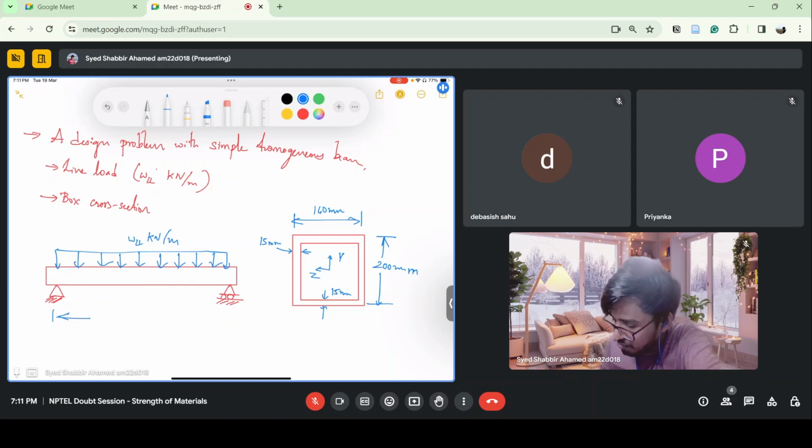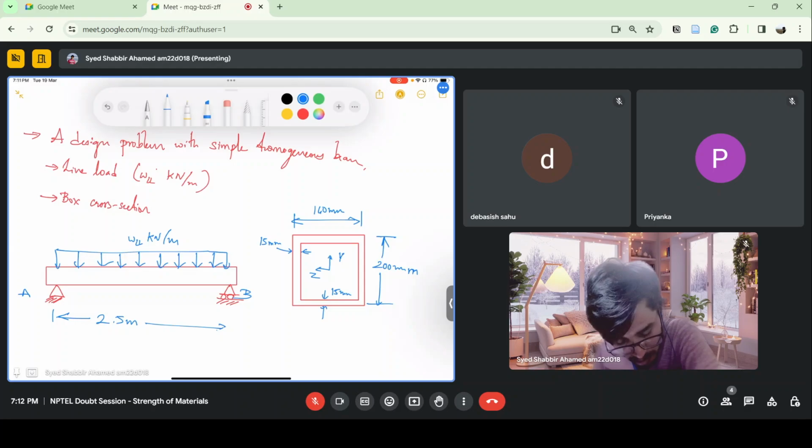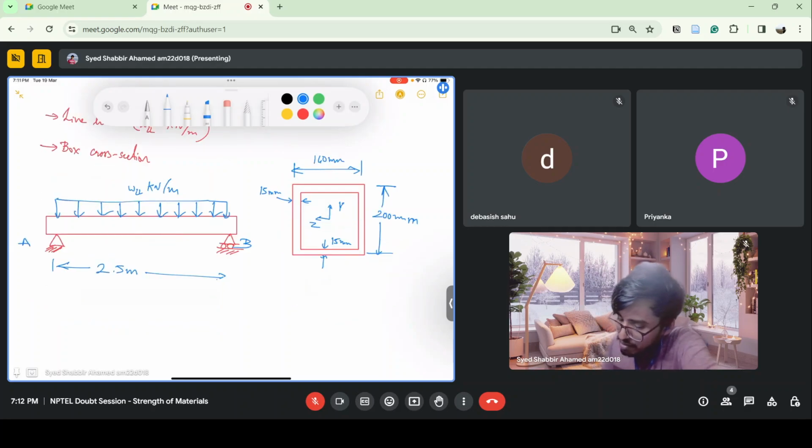This has a length of 2.5 meters. The material has a permissible stress, sigma p, let's say, which is 150 megapascal.